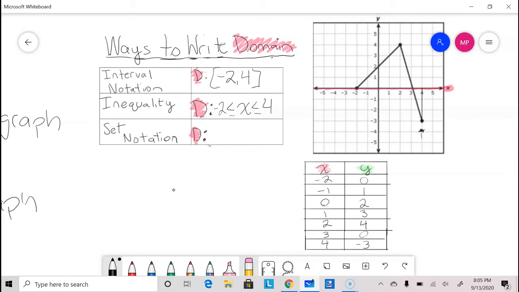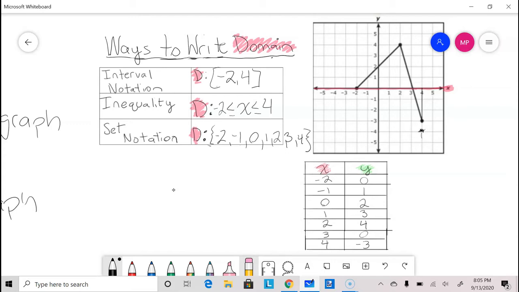So for our domain, remember that's x, we list out all the values from least to greatest. So we find the smallest number, which is -2, and then we just go up: -1, 0, 1, 2, 3, and 4.